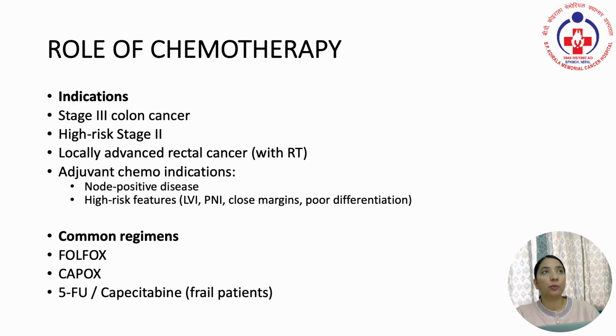And in case of adjuvant chemo indication, after the final histopathology report, if there is positive disease or high-risk features like lymphovascular invasion, peritoneal invasion, close margin, and also the poor differentiation type of the tumor, the common regimens that we use are FOLFOX and CAPOX, and where the patients cannot tolerate FOLFOX or CAPOX due to toxicity, 5-fluorouracil and even capecitabine tablets can be used.